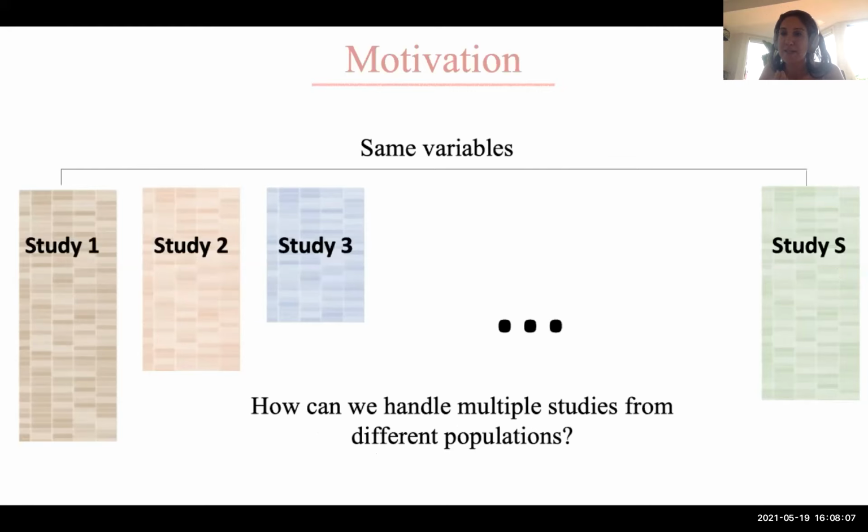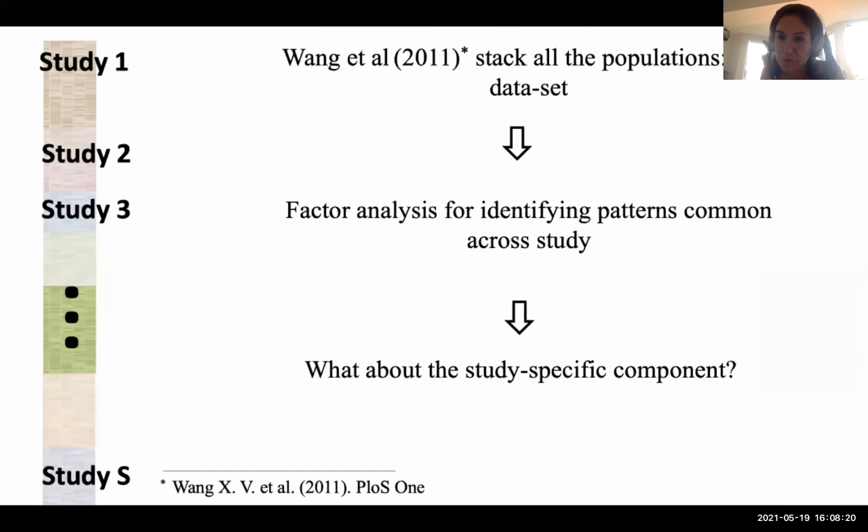In all of these examples, the main question is how can we handle multiple studies from different populations? And so statisticians and data scientists try to answer this question.